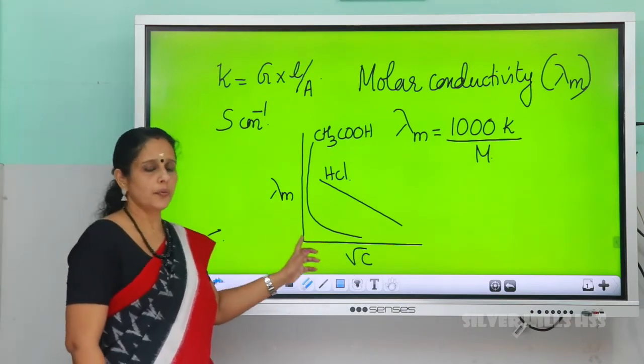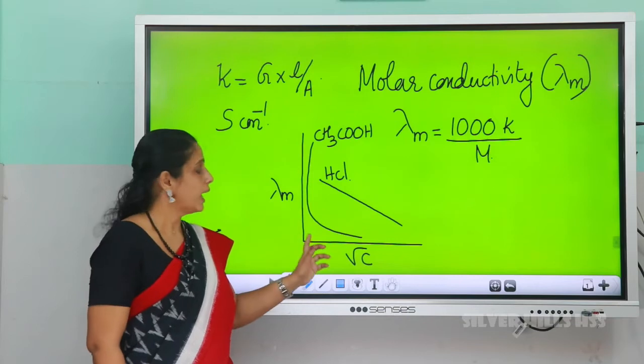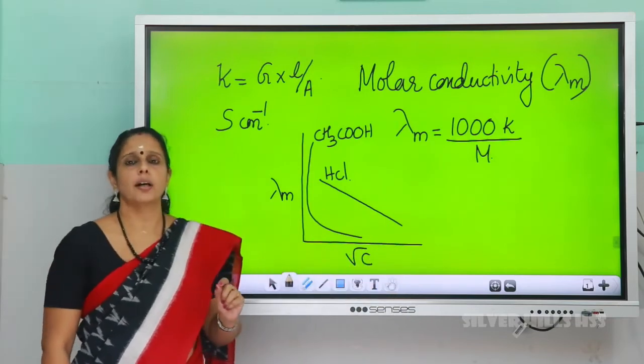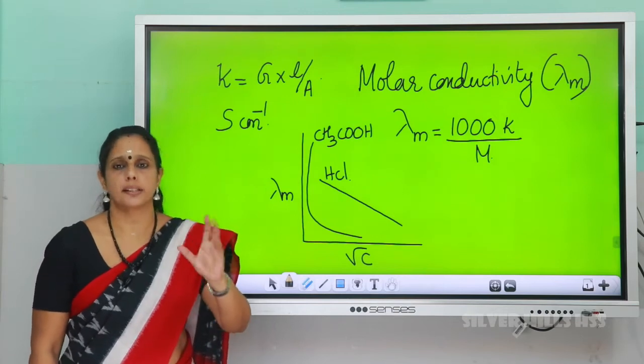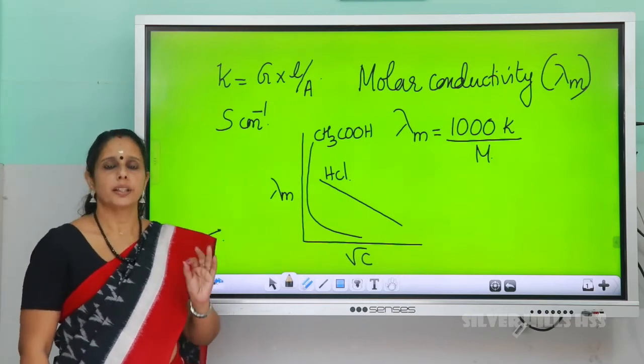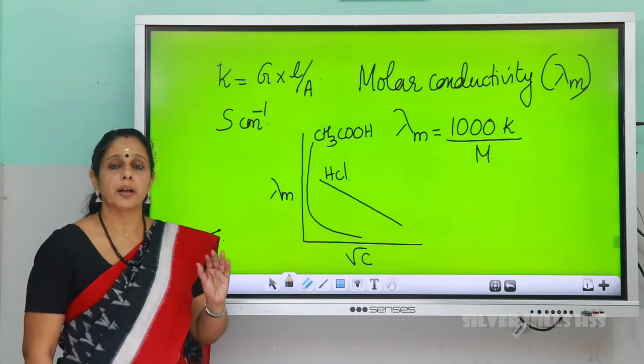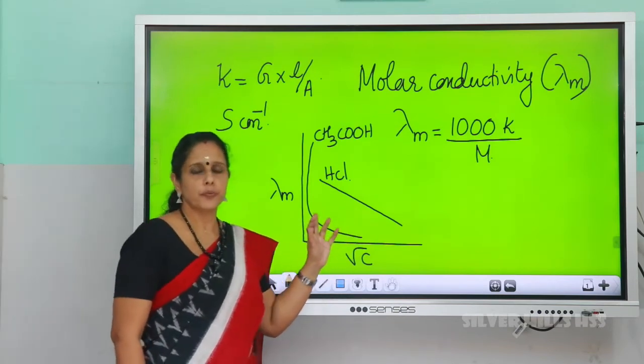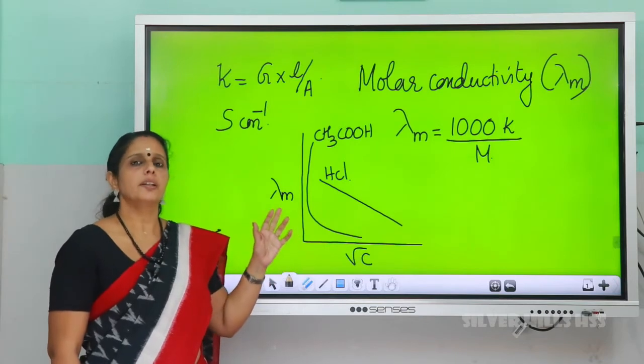From this graph, it is clear that as dilution increases, molar conductivity increases. That means with increase in dilution, lambda m increases. But the variation is different for a strong electrolyte and a weak electrolyte.